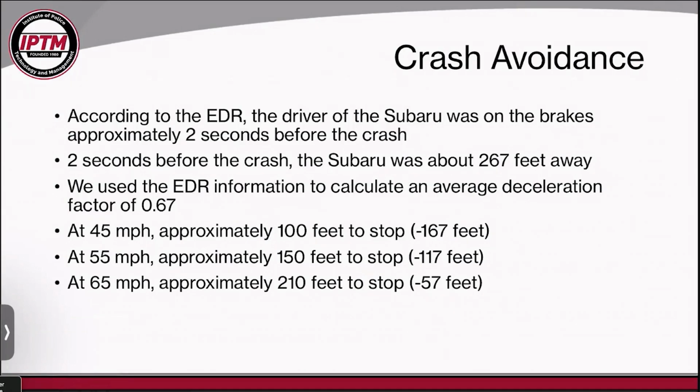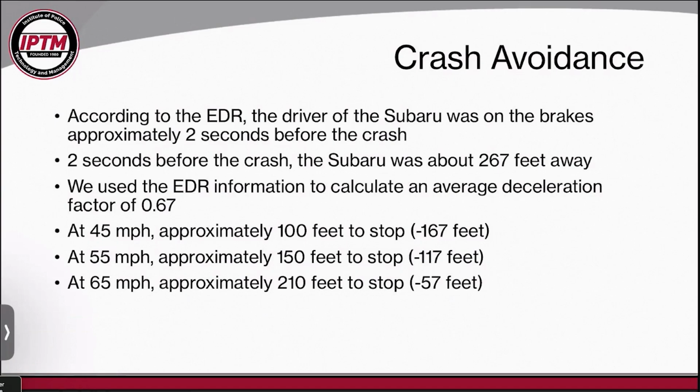And we're going to use that same deceleration factor that we had already calculated based on the event data recorder. One of the beauties of understanding that information is that sometimes our coefficient of friction or deceleration factors tend to come from a drag sled or a Vericom or a V-box or some type of instrumentation. But there's always the question of, well, how close to the actual deceleration factor am I getting?